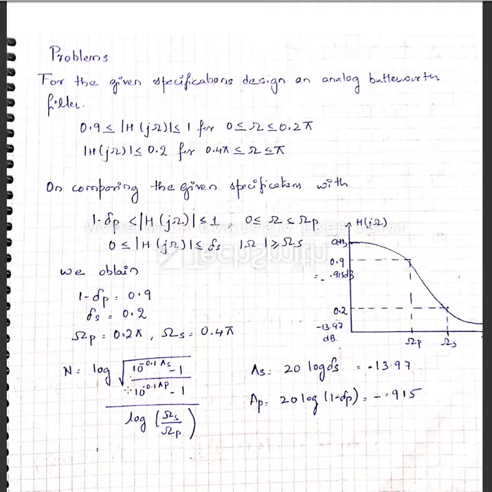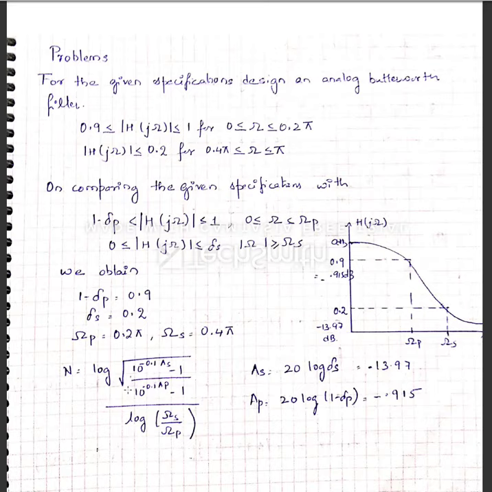Then we would find the actual cutoff frequency, that is your omega c. Considering that cutoff frequency, we would alter the transfer function that we have derived by substituting s equals s by omega c. These are the steps that you need to follow. I've written those steps in the notes, and given them in the previous video, so kindly go through it if you have confusion in what I said just now.